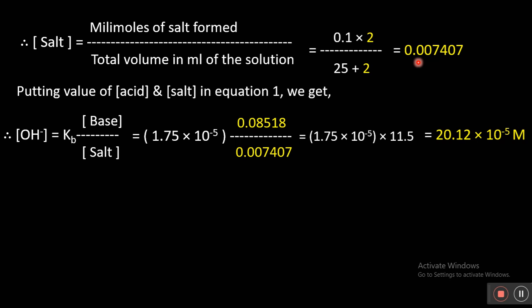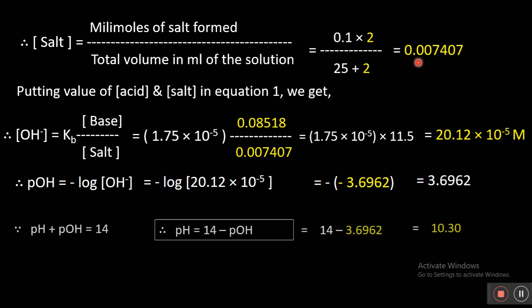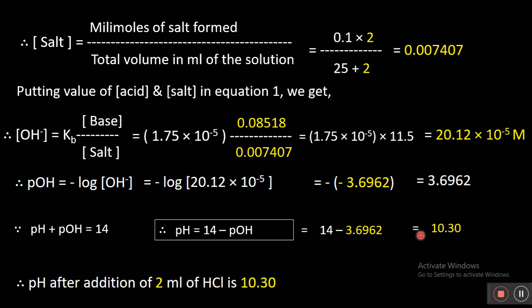So therefore pOH is equal to 3.6962, and hence pH will be 14 minus 3.6962, which is equal to 10.3. Okay, so this is the pH after addition of 2 ml of HCl.